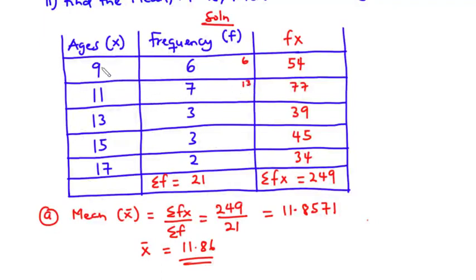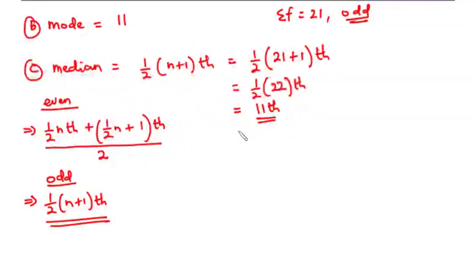Note that age 9 starts from the first position to the 6th position, followed by age 11 from the 7th position to the 13th position. So between 7 and 13, we have the 11th position, and then the 11th position corresponds to age 11. So that means that the median is 11.